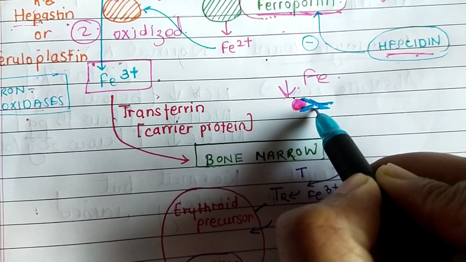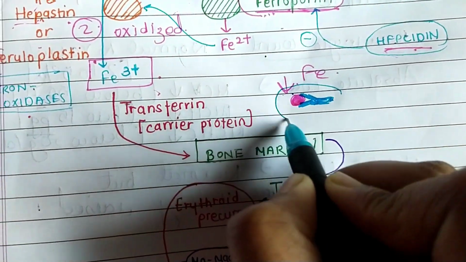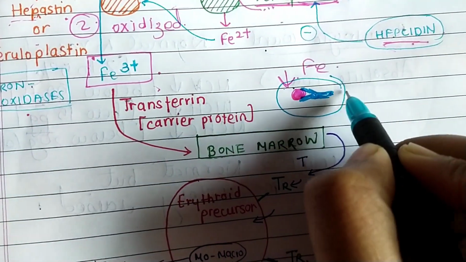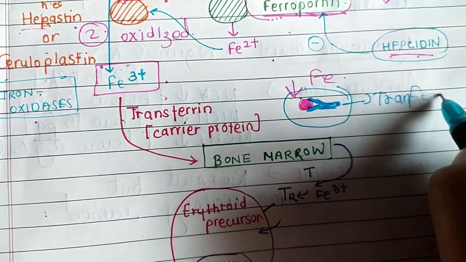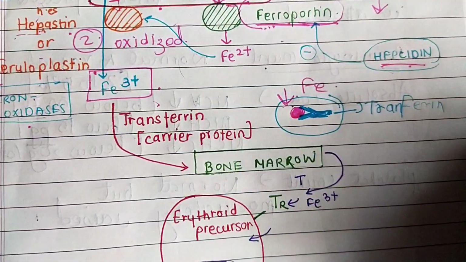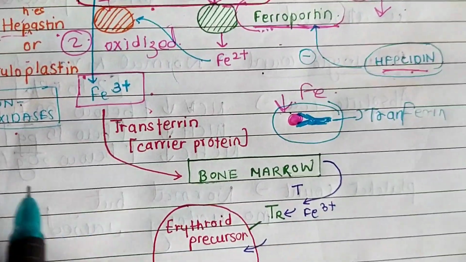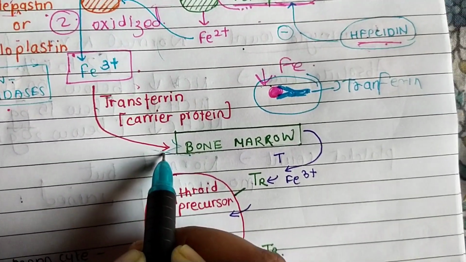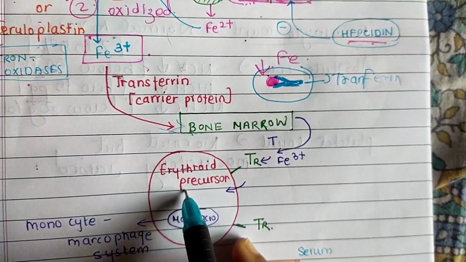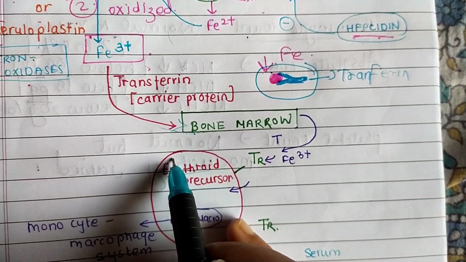So this is a transferrin protein and it forms a complex like this. This is transferrin. Now what happens is, once this is bound, it travels to the bone marrow. And where does it travel in the bone marrow? Into the erythroid precursor.